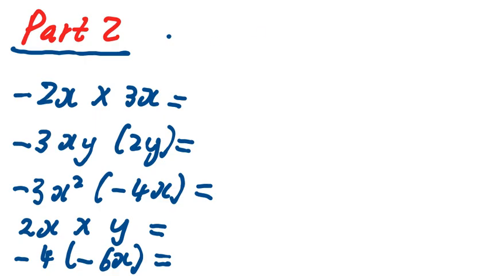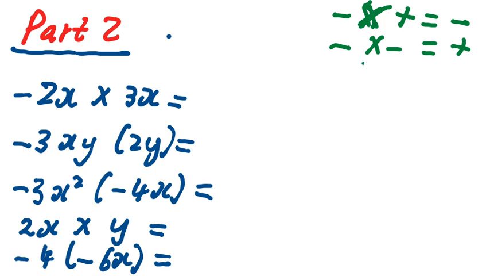When you are multiplying different signs, positive times negative, the answer will always be negative. When you're multiplying same signs, the answer will always be positive. So you must know this.